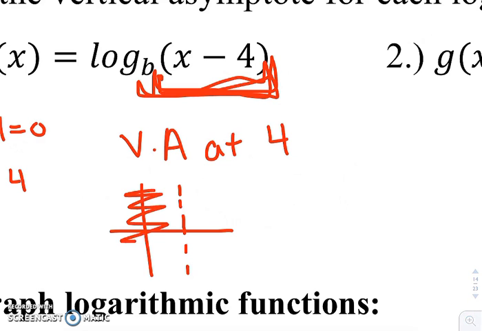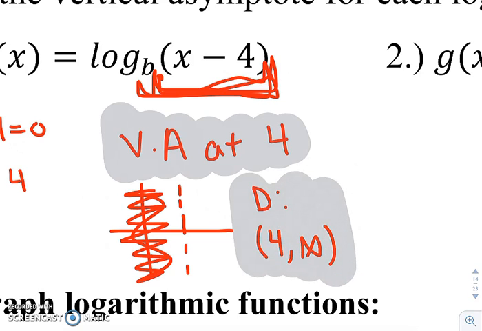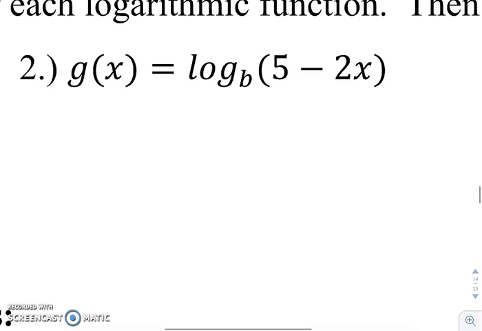You would have nothing on the left, so your domain would be from 4 to positive infinity. From vertical asymptote to positive infinity every time.